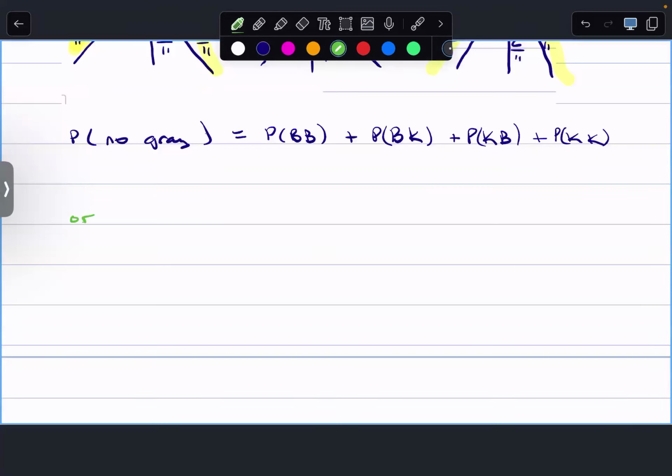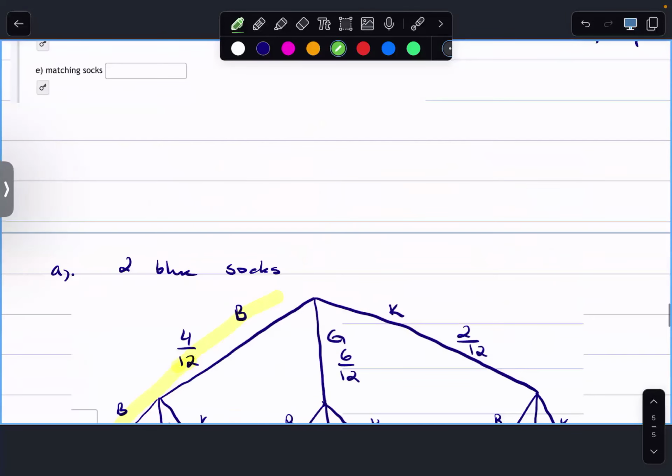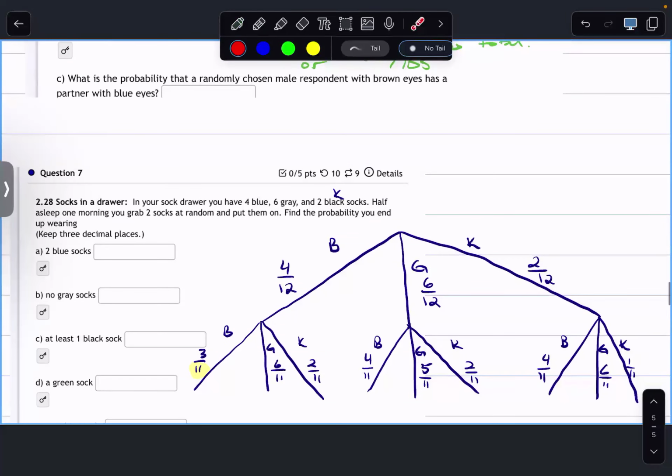Or if I do a slot for my first sock and a slot for my second sock, how many non-gray socks do I have to choose from initially? Well, 6 out of 12 were gray, right? So that means that I have 6 out of 12 that are not gray, right?